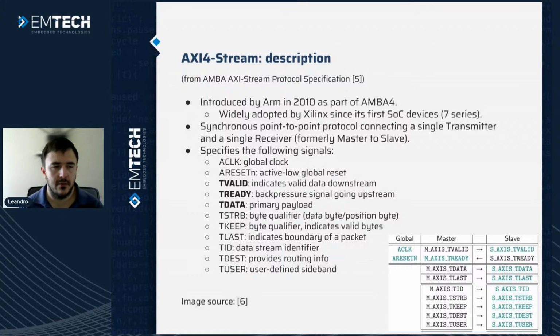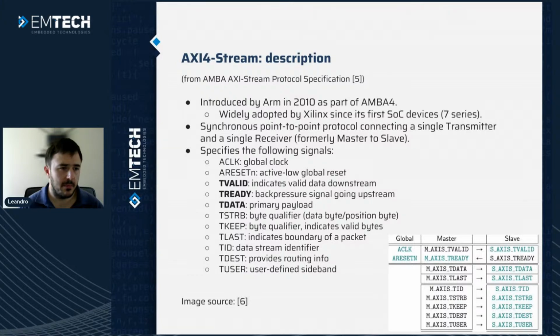The main signals are the ones that indicate the handshake, so that's why they are in bold. You have TVALID, which goes from the master to the slave, TREADY, which is the back pressure signal going upstream, and then the primary payload, which is TDATA. Many of the rest of the signals are optional, and in the handshaking process they act a little bit as metadata because they have to be transferred in pretty much the same cycle as TDATA would be.